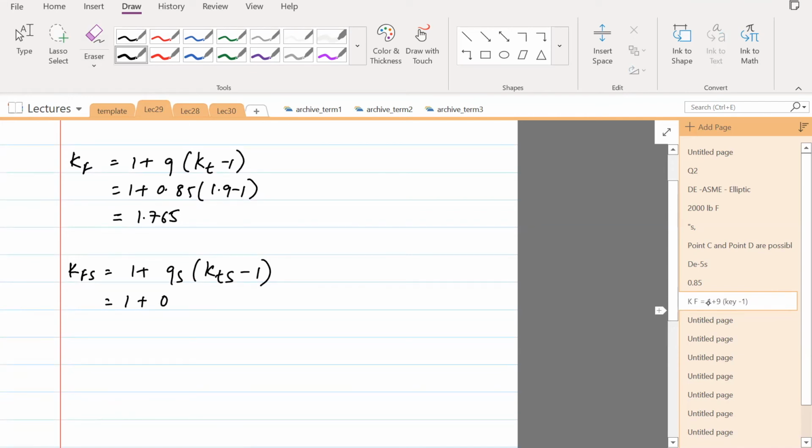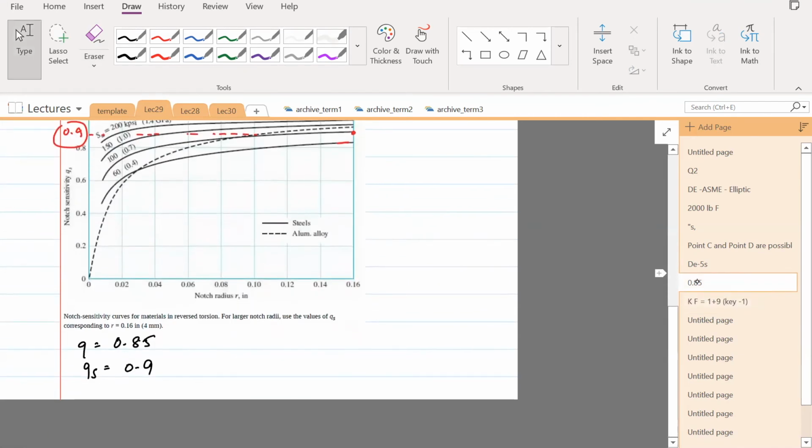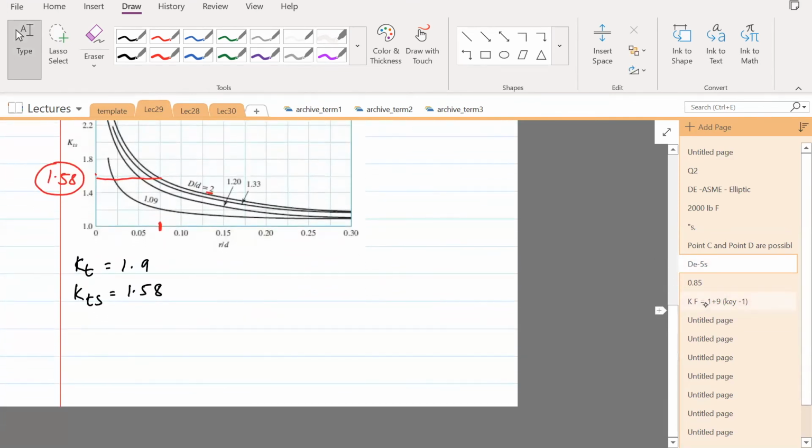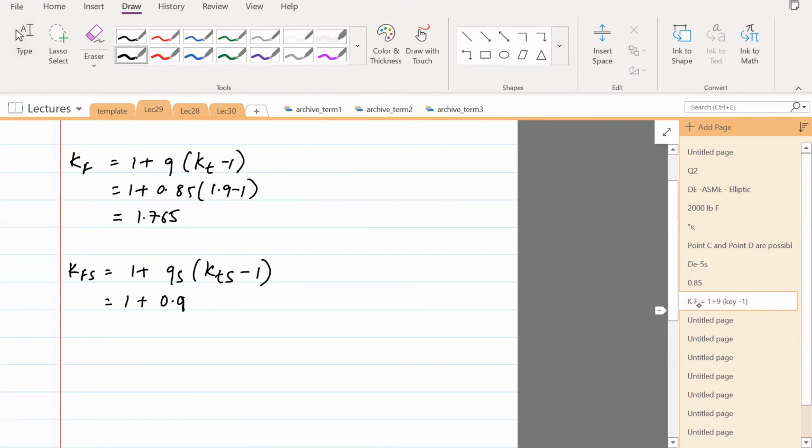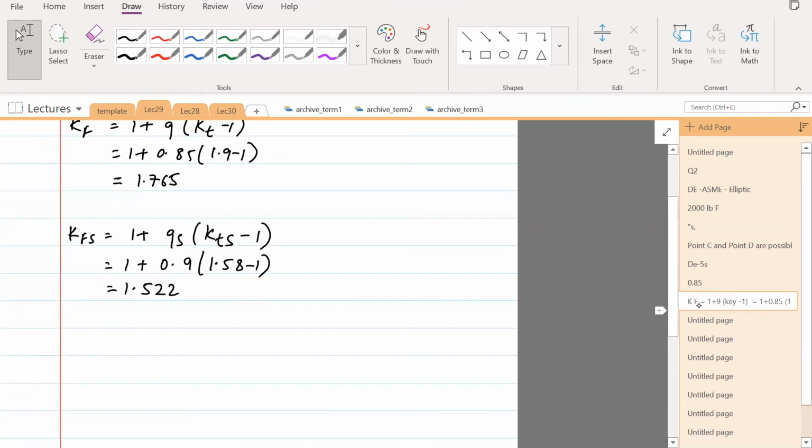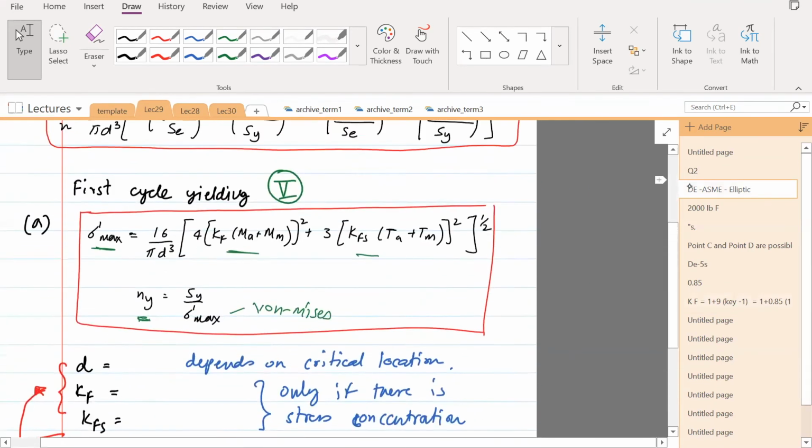QS is 0.9, and KTS is 1.58, so KFS is 1.522. What now remains to be done is to put that in the formula, which I wrote down here, and you're done.